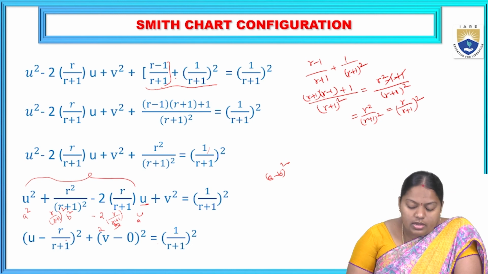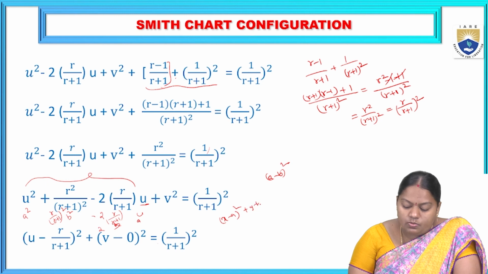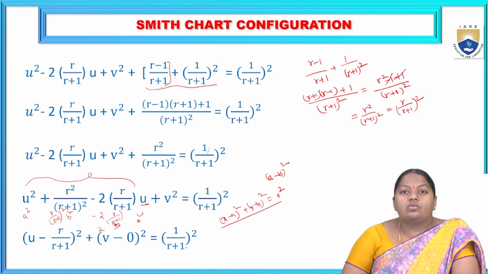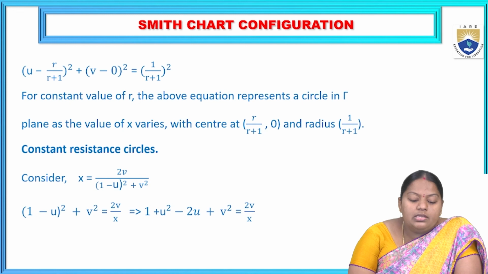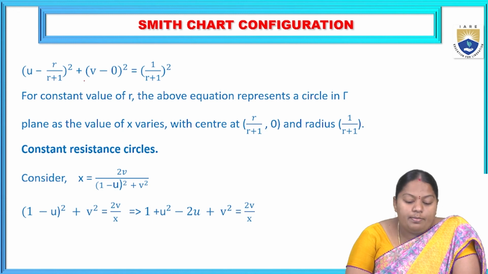Here x minus a whole square plus y minus b whole square is equal to the radius square, so this is the equation of a circle: u minus r/(r plus 1) whole square plus v minus 0 whole square equal to 1/(r plus 1) whole square.